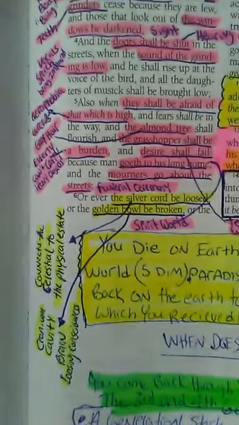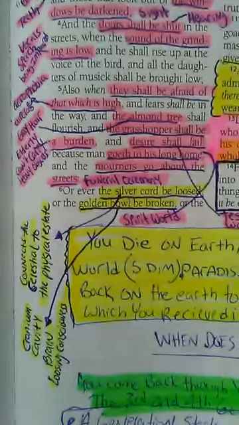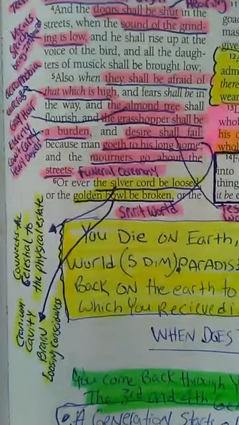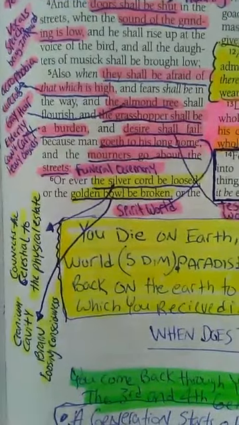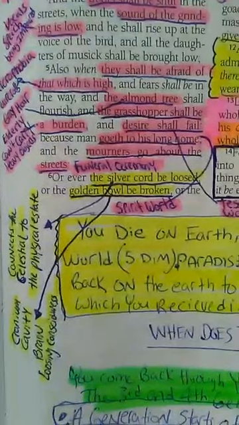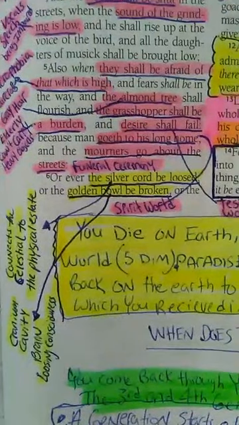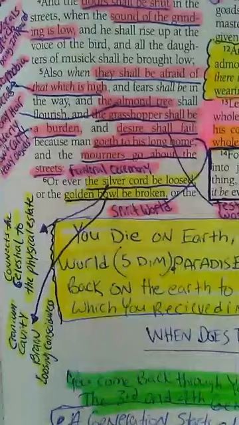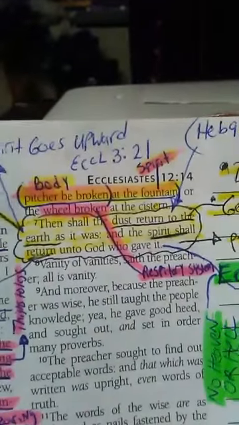It says, or ever the silver cord be loosed, or the golden bowl be broken. See that? Verse 6, or ever the silver cord be loosed, or the golden bowl be broken, or the pitcher be broken, which is the body, or the wheel be broken at the fountain.